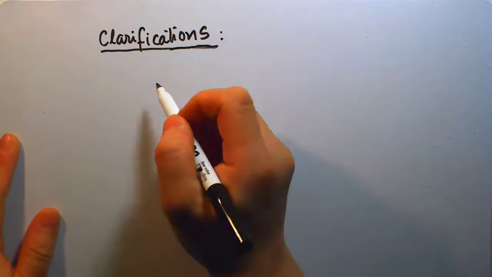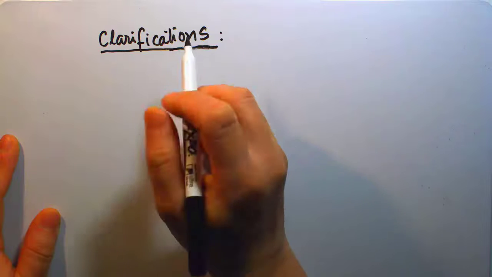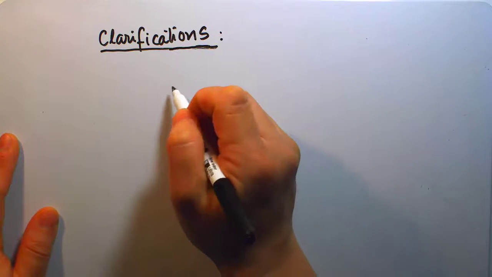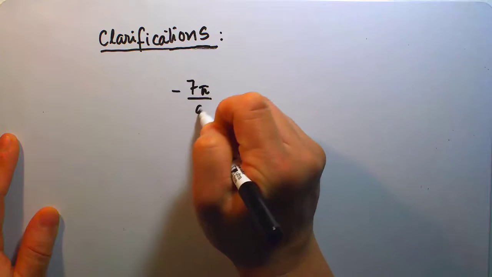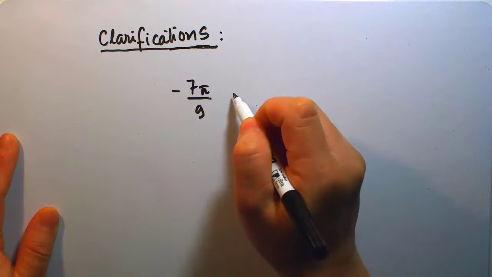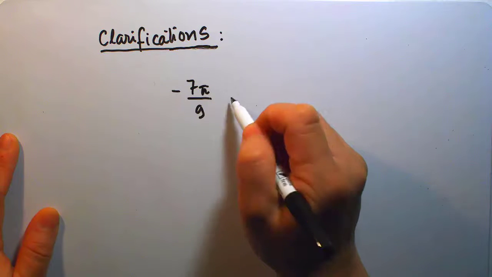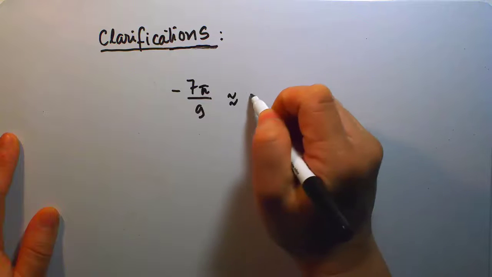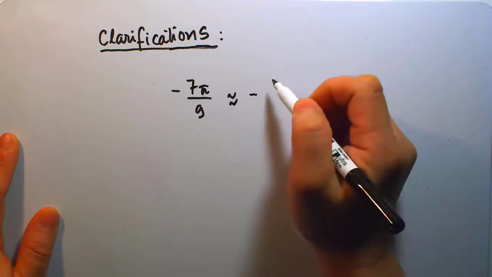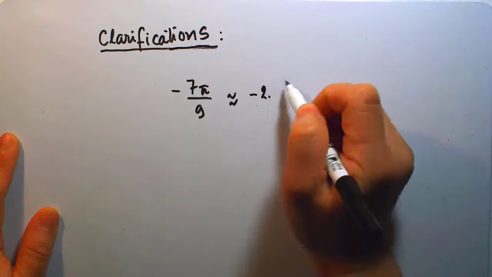Another similar clarification is needed for another example problem I did in my video. When it came down to negative 7 pi over 9, I was again using my TI calculator, and I recall from the video that it's negative 2.44.